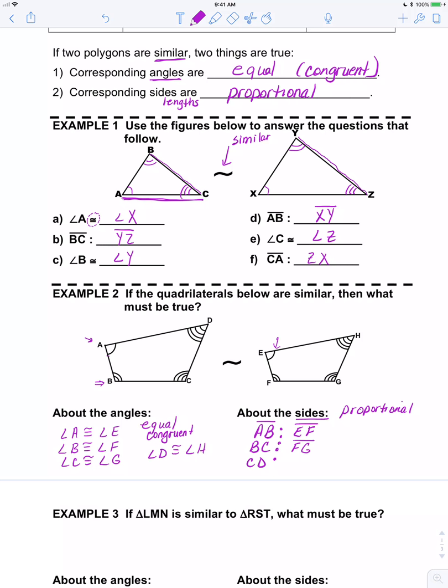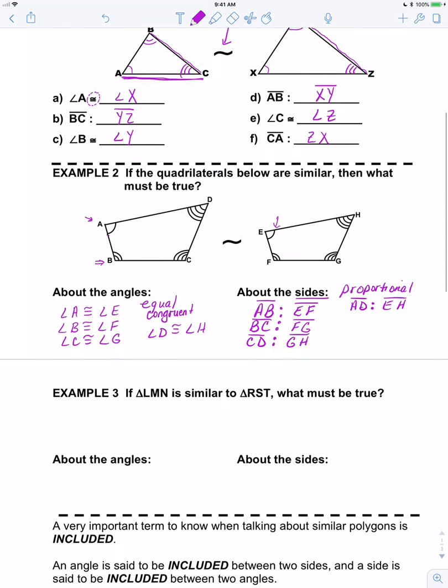CD would be proportional to GH. And AD would be proportional to EH. So hopefully you can see that.